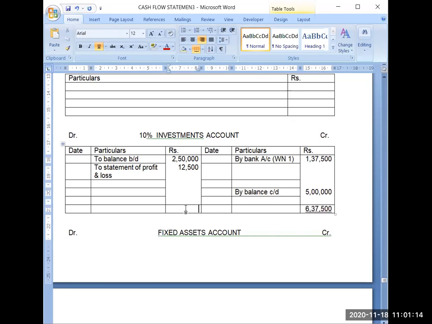We will write this total here, 6,37,500. Now we have to calculate the balancing amount, and because debit side is less than the credit side, this entry will be for purchase of investments to bank account. We will always mention here balancing figure.